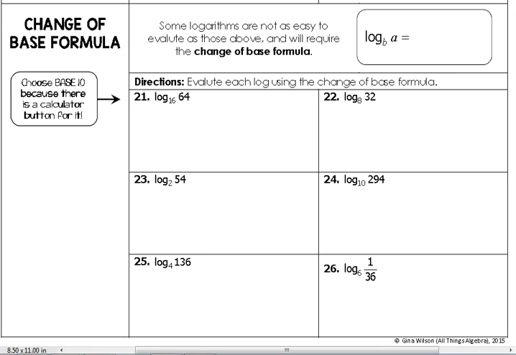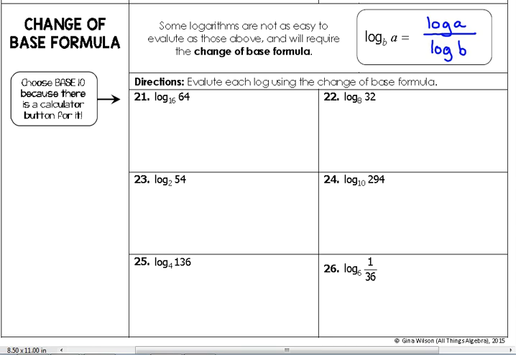So we use something called the change of base formula. Log base b of a, if we're going to evaluate this in the calculator, we've got to do the log of a divided by the log of b. Okay, the log of a divided by the log of b.